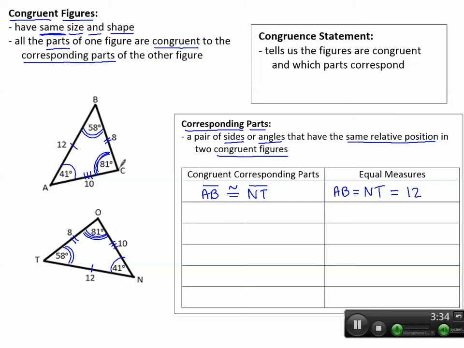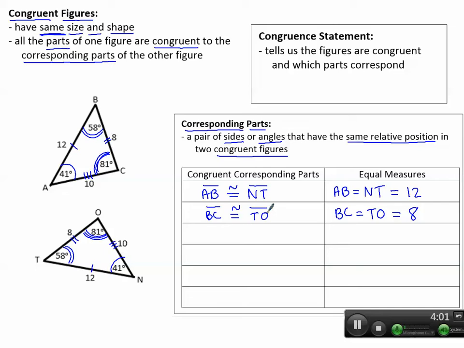Similarly, we have segment BC measuring 8 and segment TO measuring 8. So I would write under the measures column that BC is equal to TO, which equals 8 units long. Over here, the congruent corresponding parts would be segment BC is congruent to segment TO.